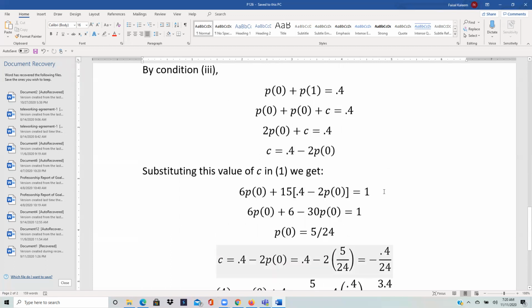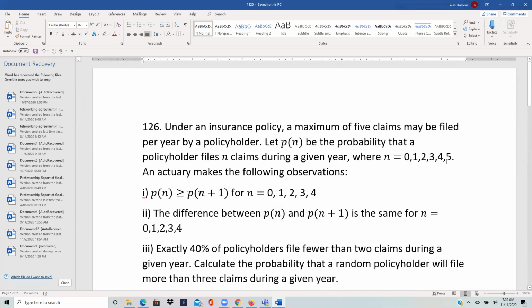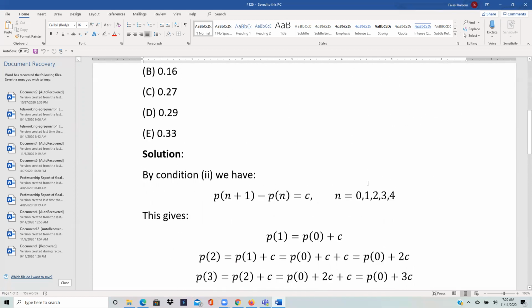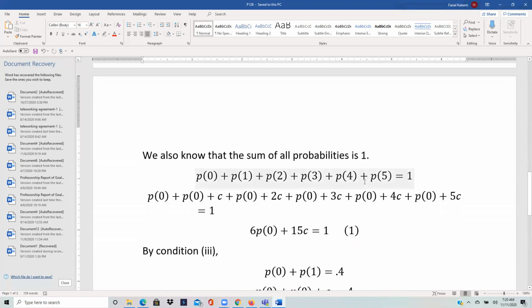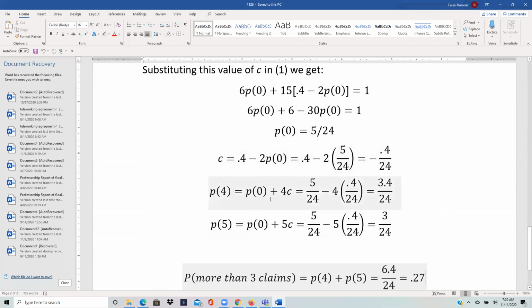And we need to calculate the probability of more than 3 claims. More than 3 will mean 4 or 5, because you have a maximum of 5. So we need P4 plus P5. P4 will be P0 plus 4C.